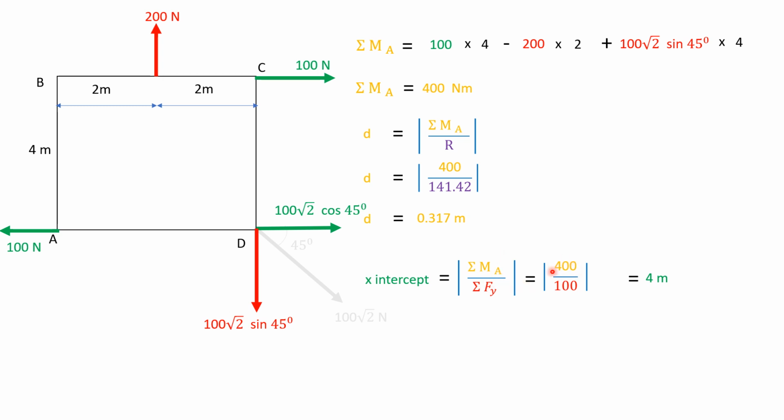Substituting, we get the x-intercept as 4 meters. The y-intercept is given by summation MA by summation Fx; substituting the summation MA and summation Fx values, we get the y-intercept.